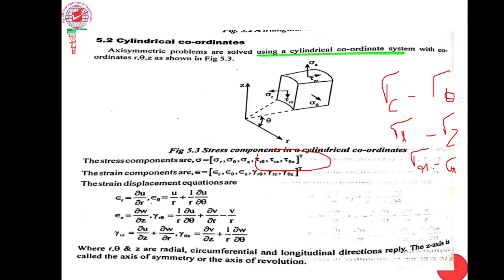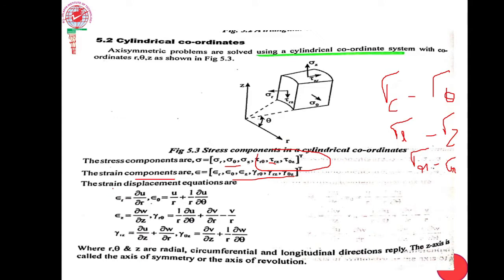There are also corresponding strain components: normal strains epsilon r, epsilon theta, epsilon z with respect to sigma r, sigma theta, sigma z, and shear strains gamma r theta, gamma r z, and gamma theta z.